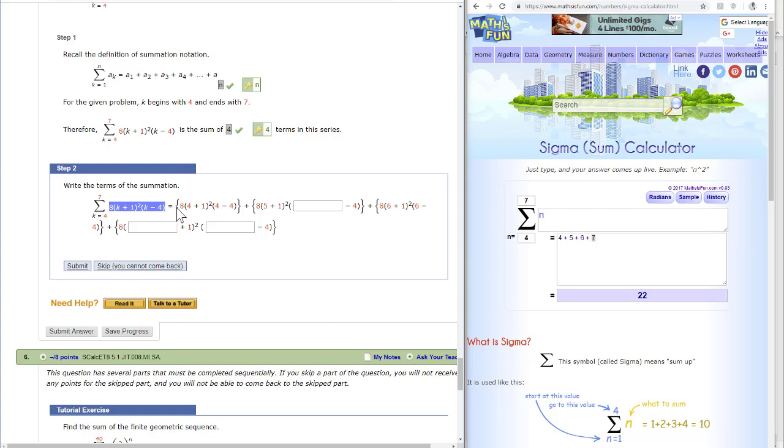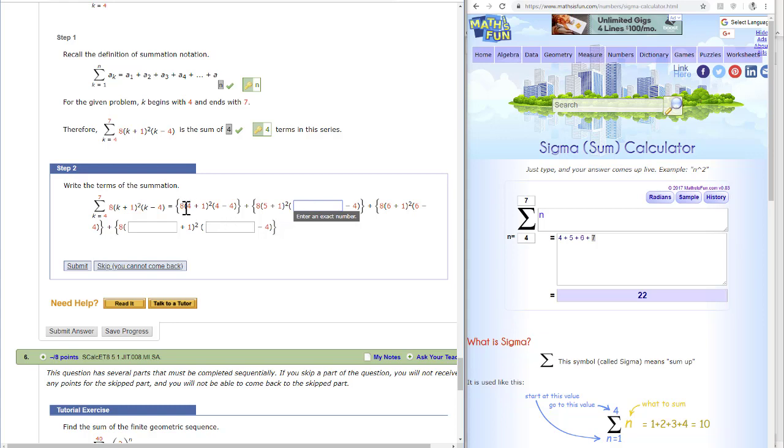So here is the expression where k is equal to 4. And so now we want to go to this expression where k is equal to 5. So this is the first instance of k that has already been replaced. And after the (k plus 1) squared, we have a k minus 4. So there's a k minus 4, and this must be k.